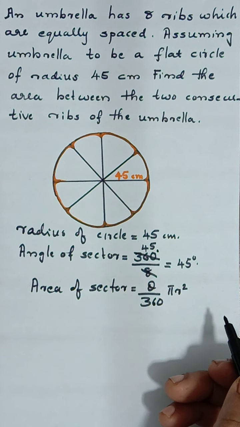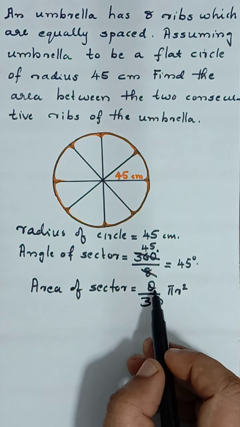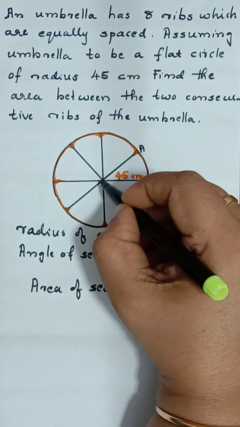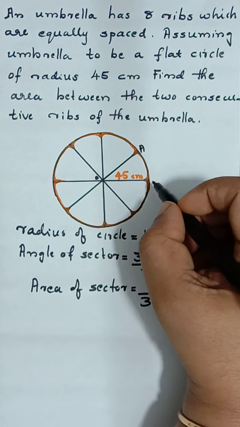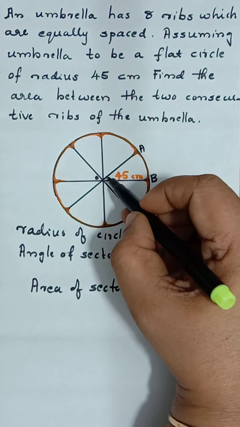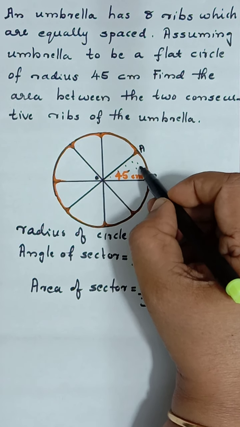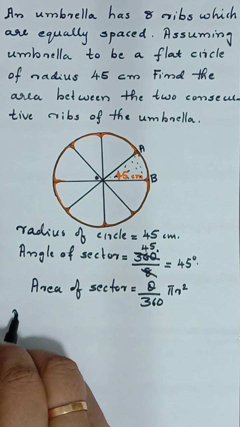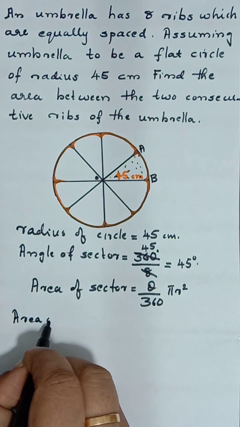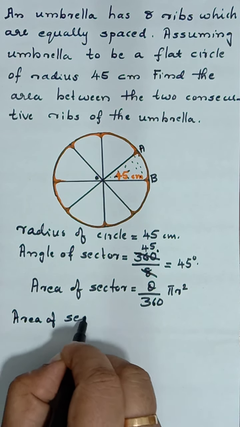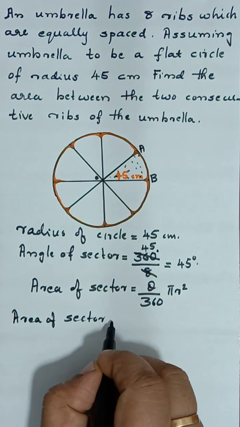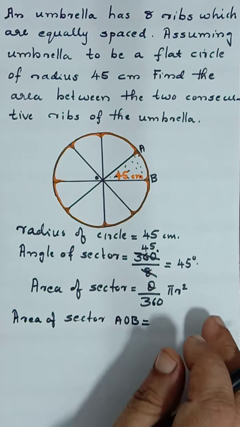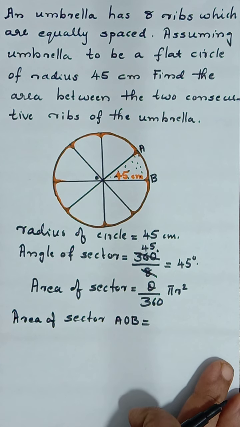So here we are going to find the area of the sector. Let us mark this center O, and these points A and B. This area we are going to find out, the area of sector AOB, that is equal to theta by 360.